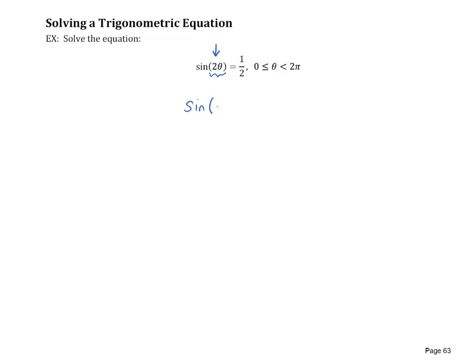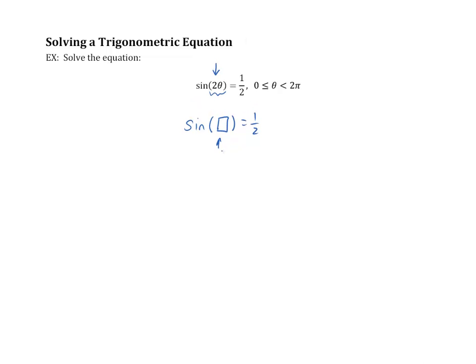That is, if the equation looked like this, something in there is equal to 1/2. What are the possible solutions for that? Between 0 and 2 pi, actually we're going to look at a wider range, because once we know what that has to be, we're going to set 2 theta equal to that, and then by setting it equal to that, we will find what theta has to be.